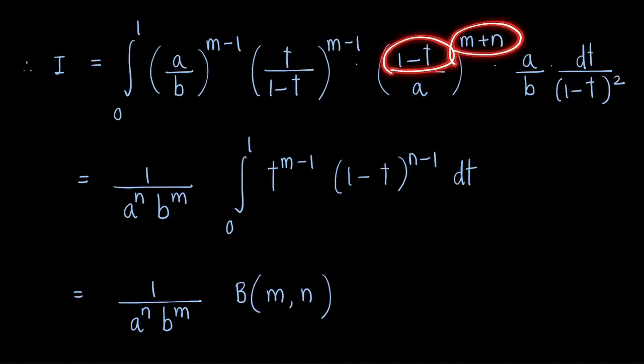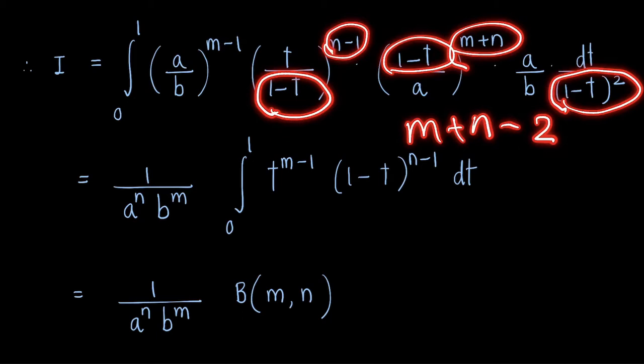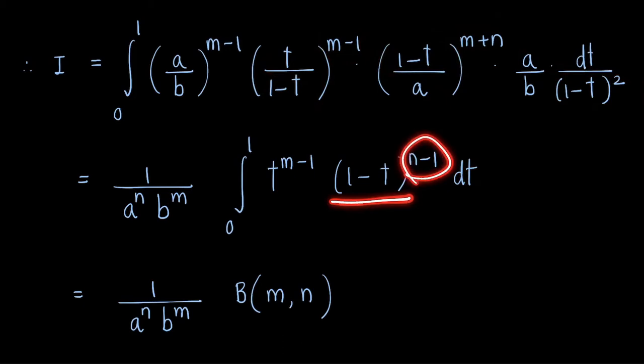Since the power of 1 minus t here is m plus n, and here the power is minus 2, and here the power is minus of this one, that is minus m plus 1, so m minus m get cancelled, and minus 2 plus 1, that is minus 1. So the power of 1 minus t is n minus 1.